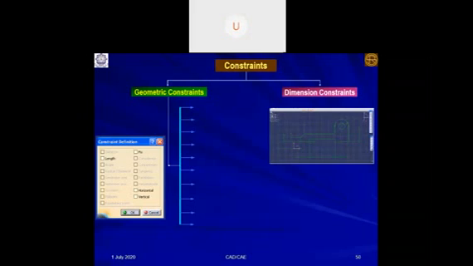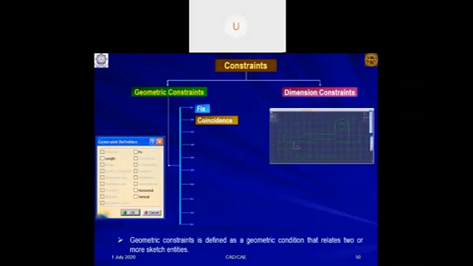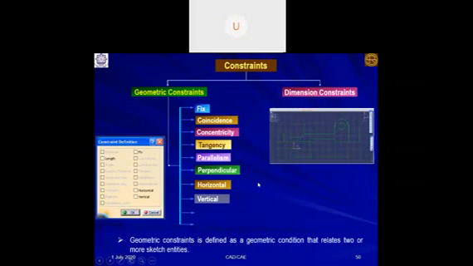Geometric constraints are, so let us say this is the distance. So these are the geometric constraints: fixed, coincidence, concentricity, tangency, parallelism, perpendicular, horizontal, vertical, midpoint, equidistant point.